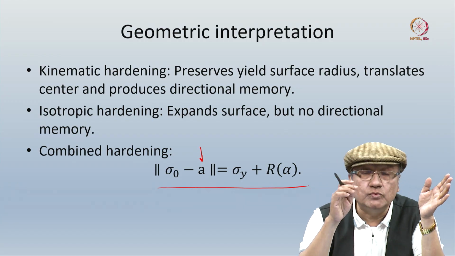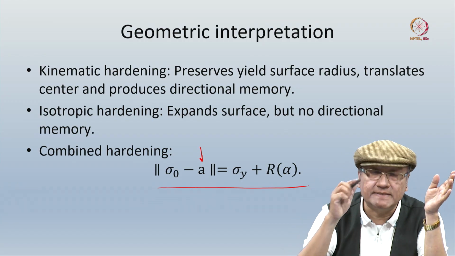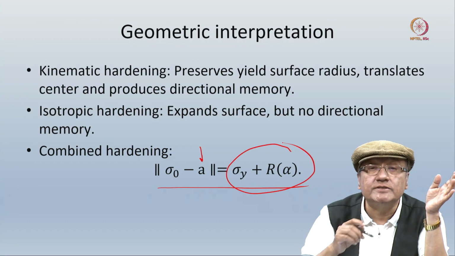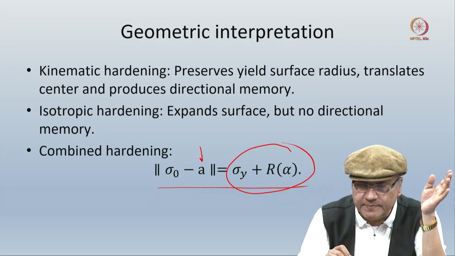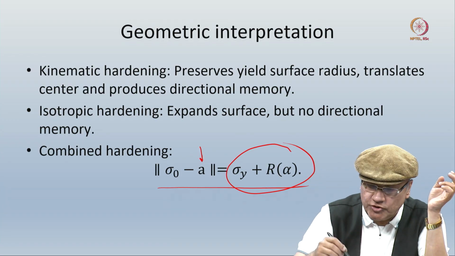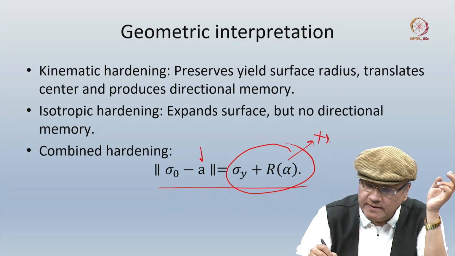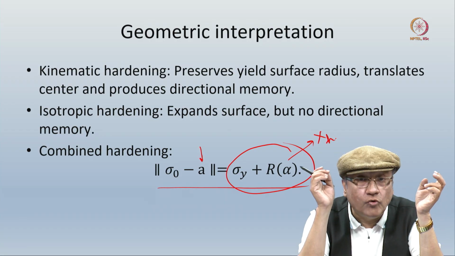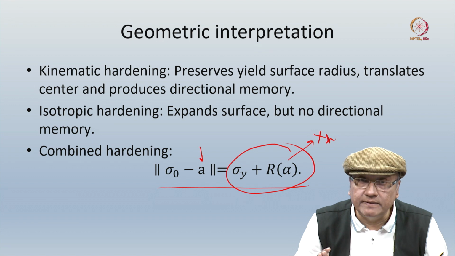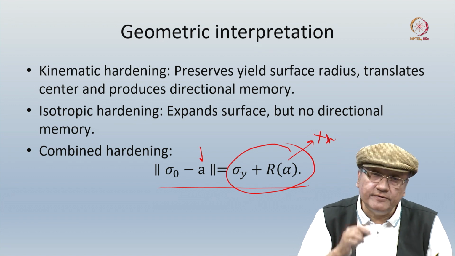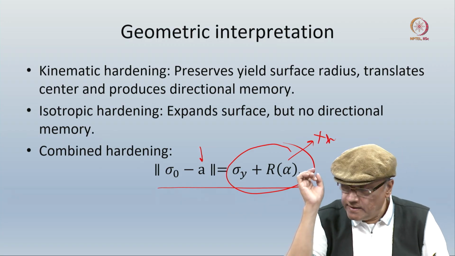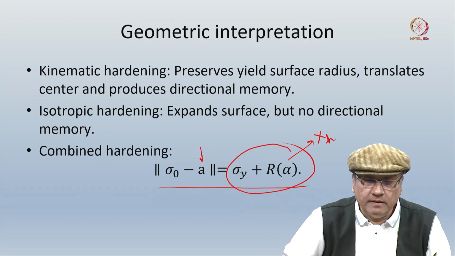On the boundary of the yield set, that will be equal to the modified yield stress due to isotropic hardening, which is sigma y plus R alpha, R alpha being the hardening rate, or XH. Remember, this was the hardening force due to isotropic hardening, right? So this is my combined hardening. This is how we define the set of admissible stresses in combined hardening, correct?